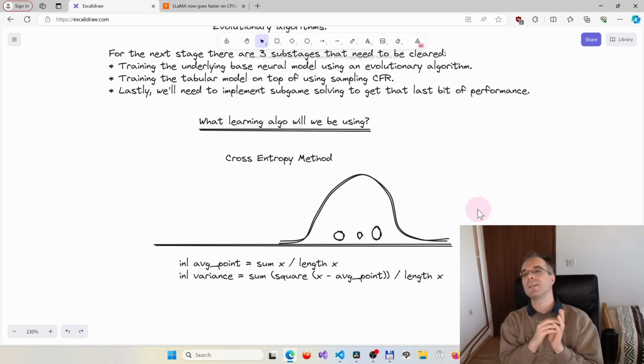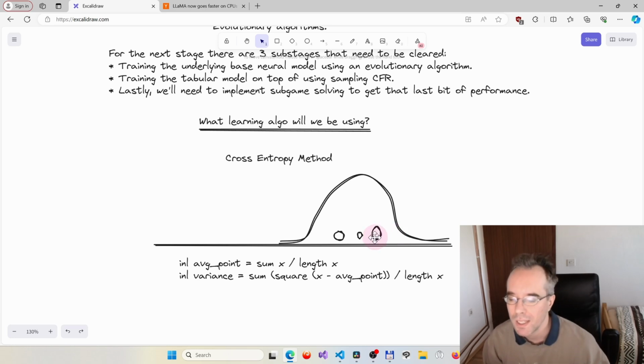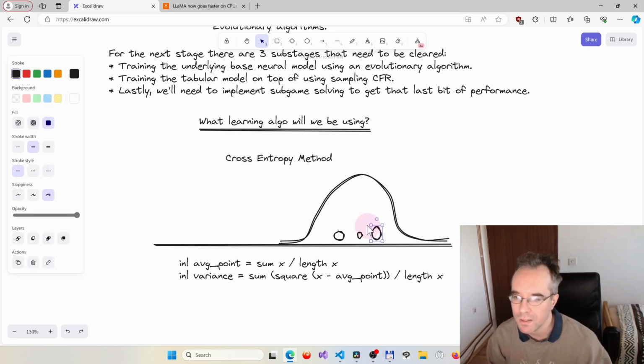If you don't know what that means, it doesn't really matter too much. But the methods are basically related.